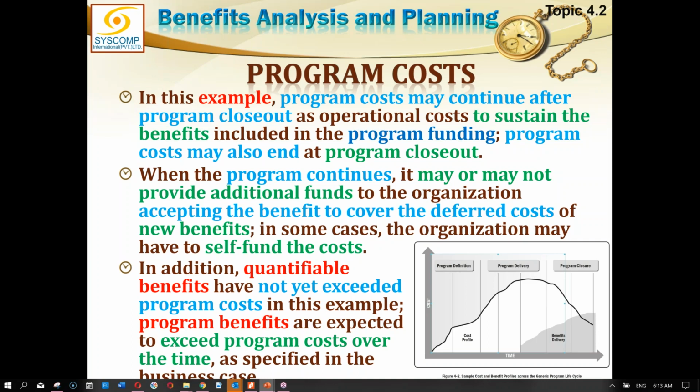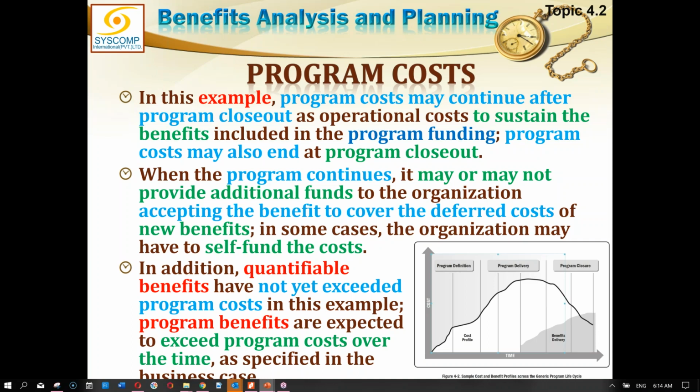That is the point where the ongoing expenses on that work would be treated as operational cost, and therefore the cost will continue and the benefits will also continue. This operational cost is for the sustainment of the benefits, which include the program funding. Program cost may also end at program closure, so this could finish by the closeout of the program or may continue on.